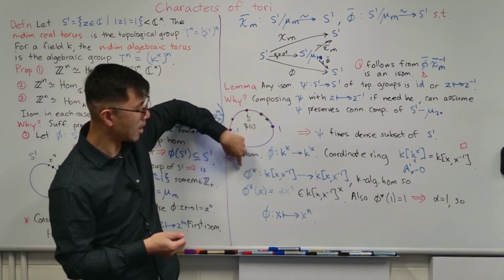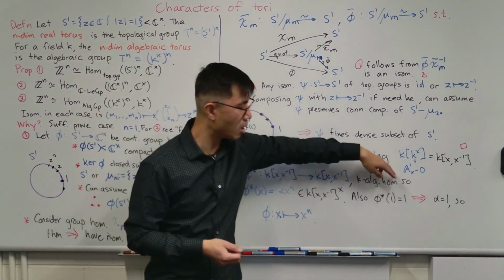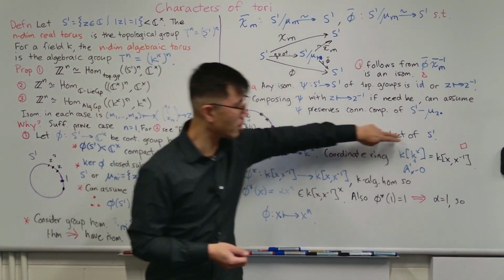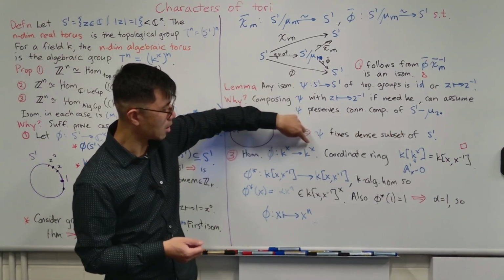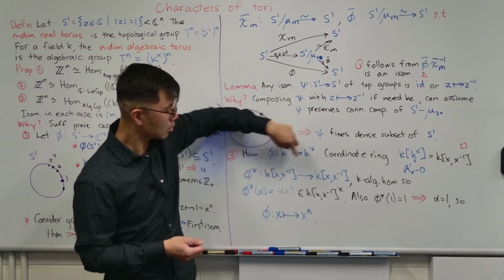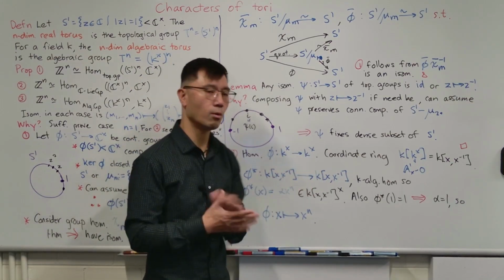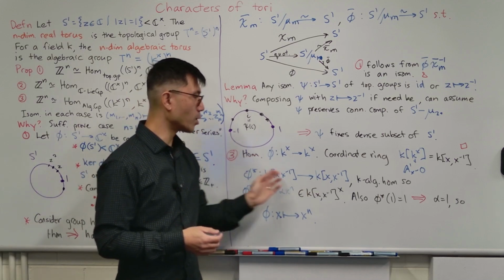So there's a phi star map, which is a map of k-algebras from k[x, x inverse], this coordinate ring, so that's a function on this one-dimensional torus, to a function on the one-dimensional torus k[x, x inverse], a k-algebra homomorphism.